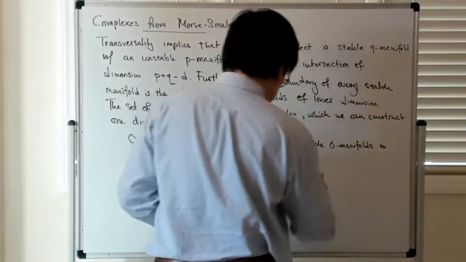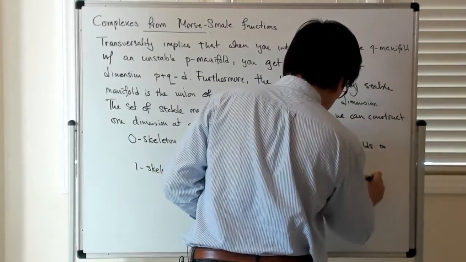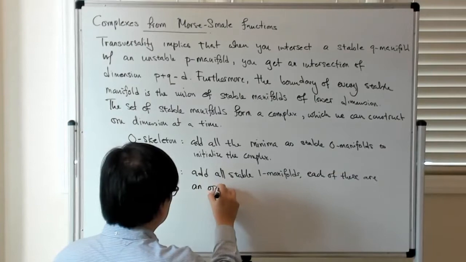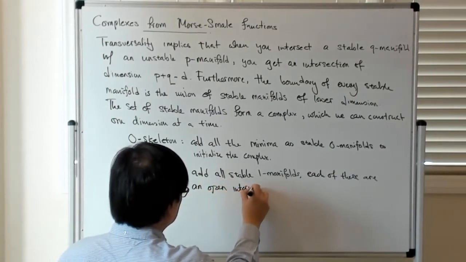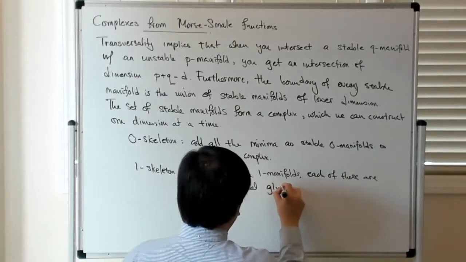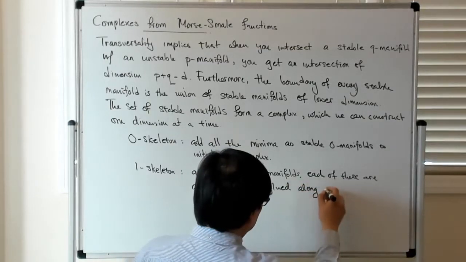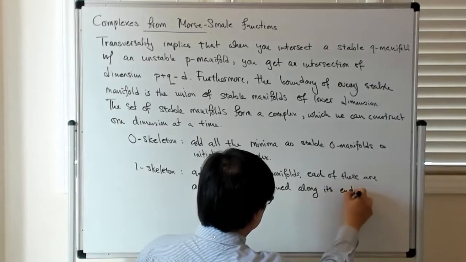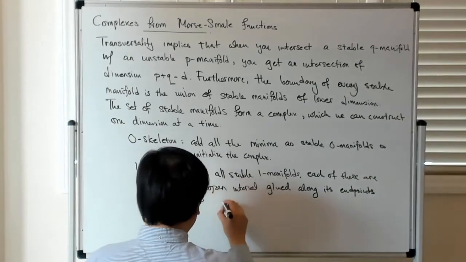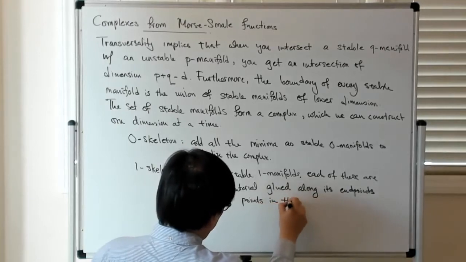Each of these is an open interval glued along its endpoints to two points in the zero skeleton, which are of course just minima.